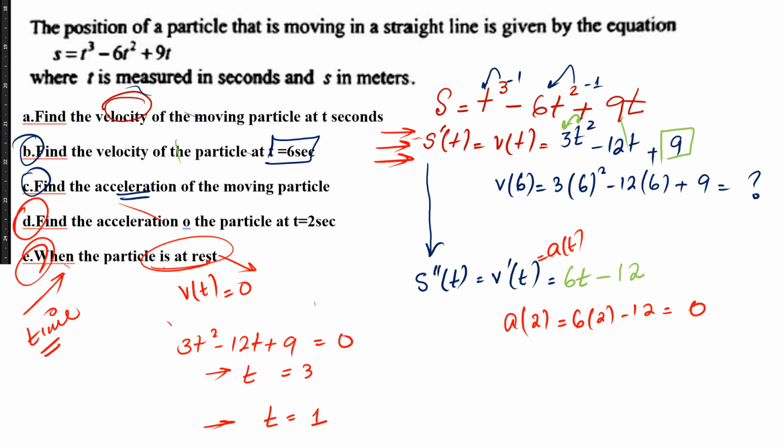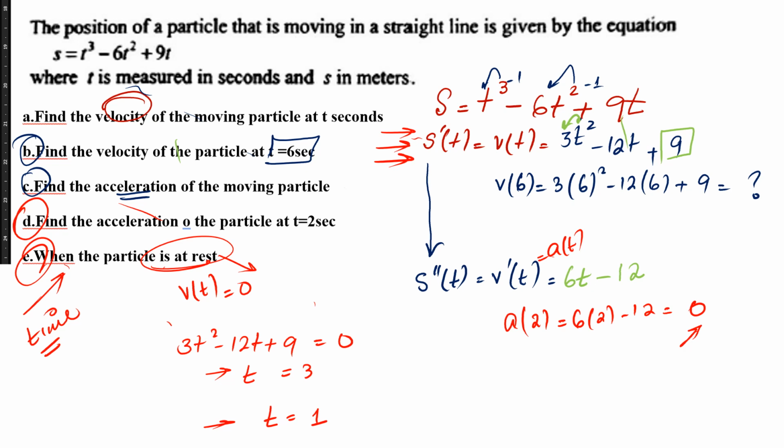Please remember, in AP Calculus, we don't only calculate. Whenever there is a word problem, you have to write it down. It means you will not write only t equals 3, t equals 1. You are going to write the particle is at rest when t equals 3 and t equals 1. Similarly, in the fourth part, you are going to write the acceleration at t equals 2 seconds is 0.